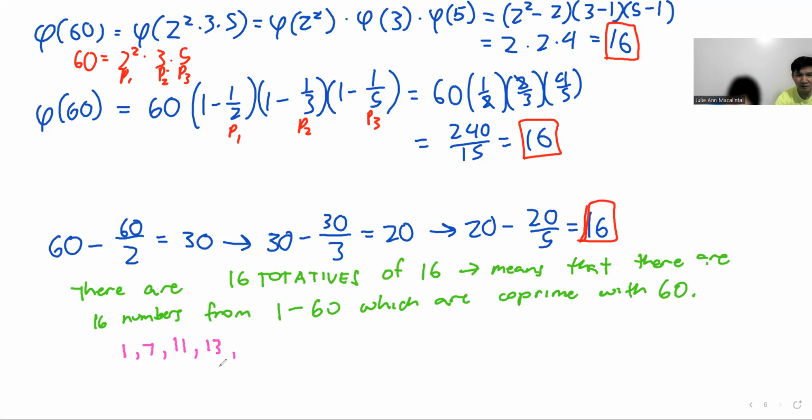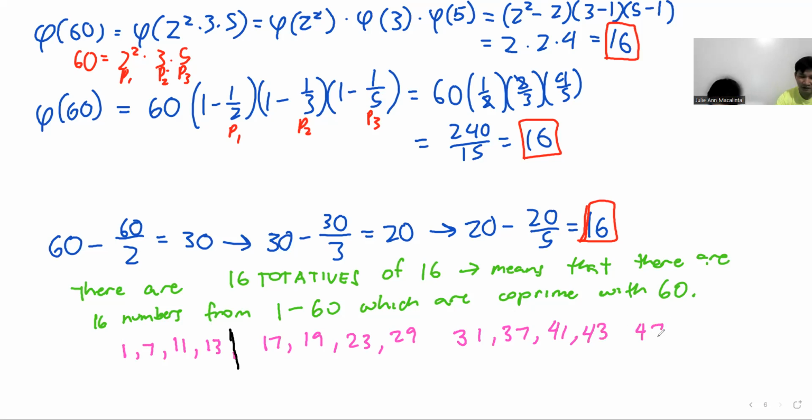Then 17, 19, 23, 29, 31, which is also co-prime with 60, meaning they have no common factors aside from 1. Then 37, 41, 43, 47, 49, 53, and 59.